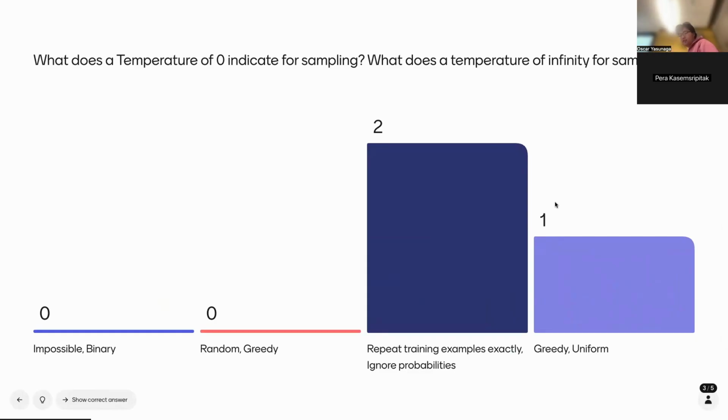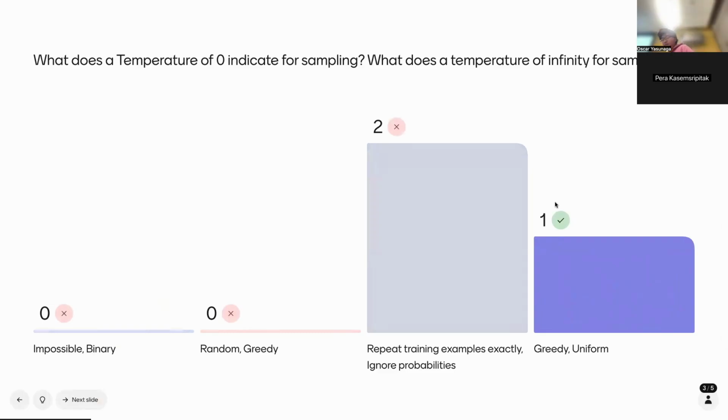Here would be, I guess, with a temperature of infinity, your softmax function becomes like the uniform distribution. I just put "ignore probabilities" because this is what GPT generated when creating plausible but false examples.